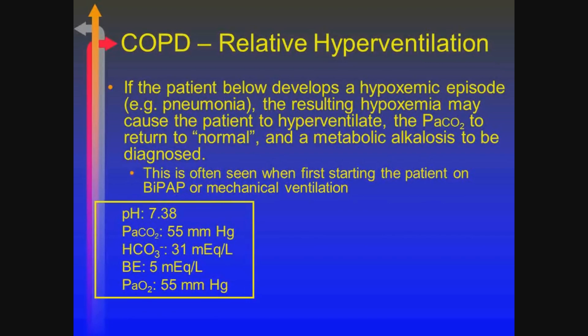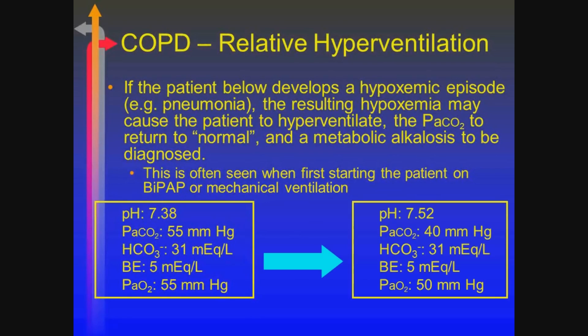Let's say I got a patient who has these blood gases, but I know this is a chronic CO2 retention problem. Well, this is what you would expect to see, but if they're hyperventilating secondary to perhaps some hypoxemia, you might see the gas on the right, which we would classify as a metabolic problem, but it's not.